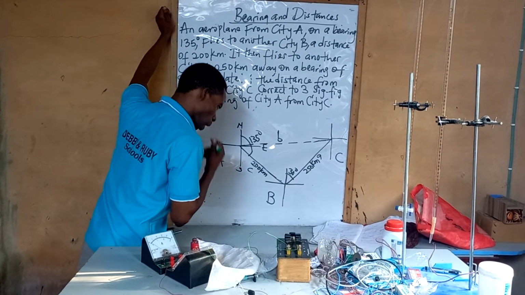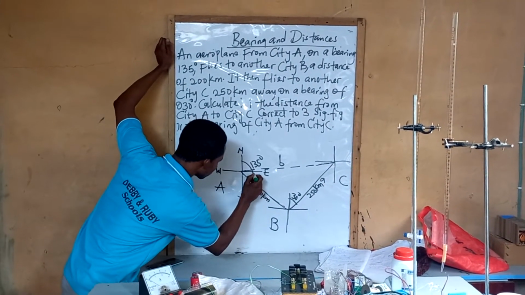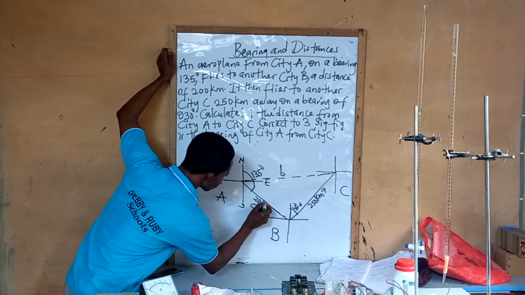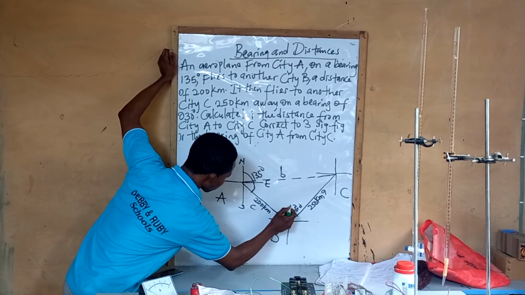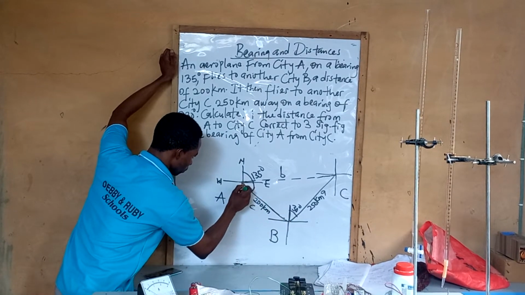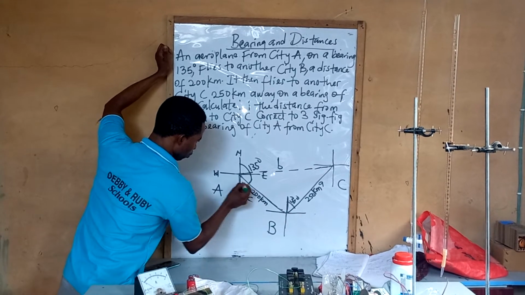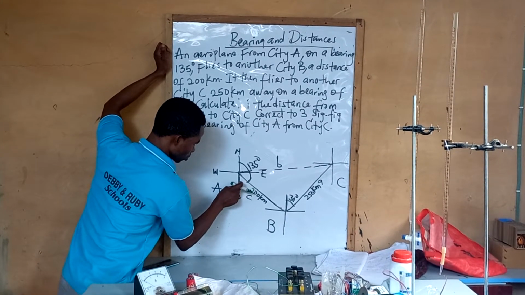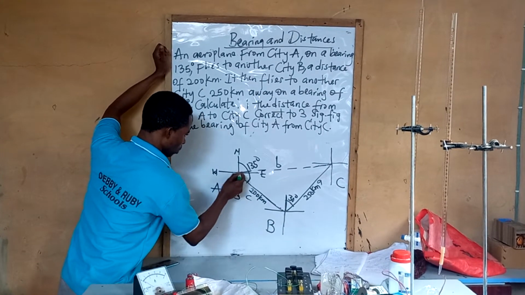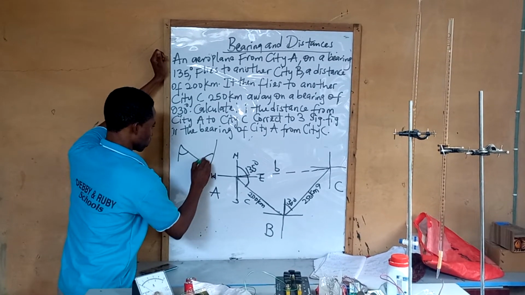So how will I know what is there? If I know what is here, I will know what is here. Alternate angle. You remember? What is here is what is here.